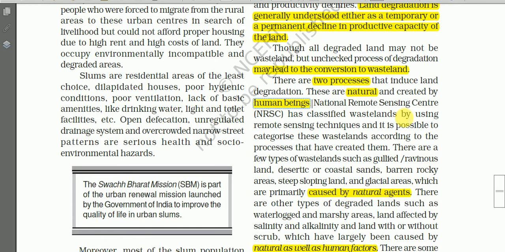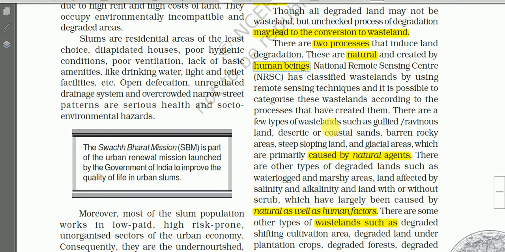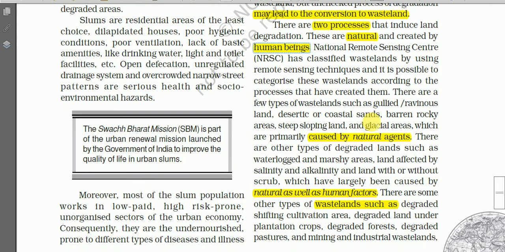So these are the two processes that cause land degradation. And see these examples of land degradation caused by natural agents. There are a few types of wastelands.